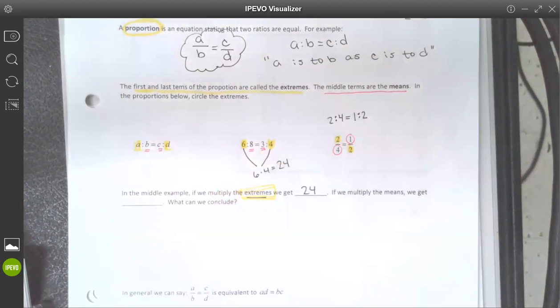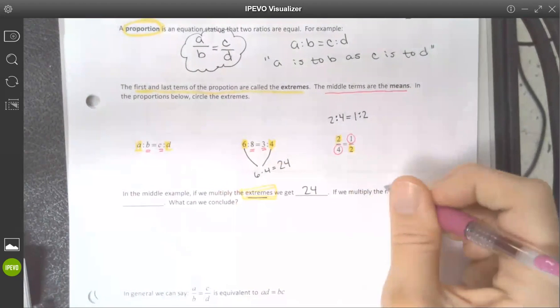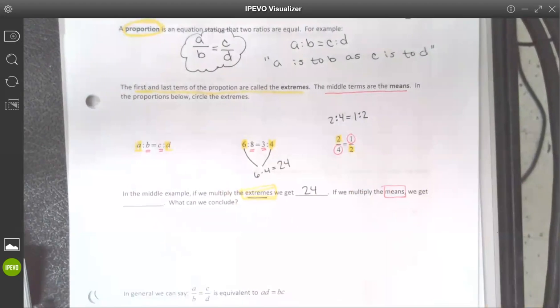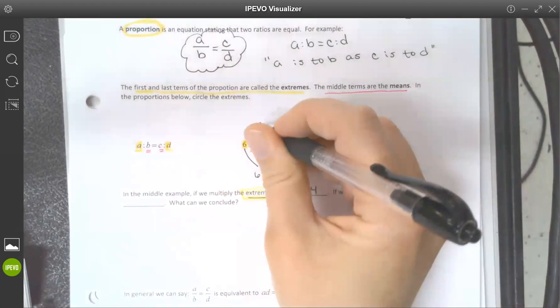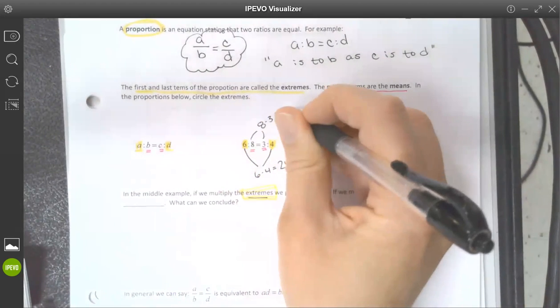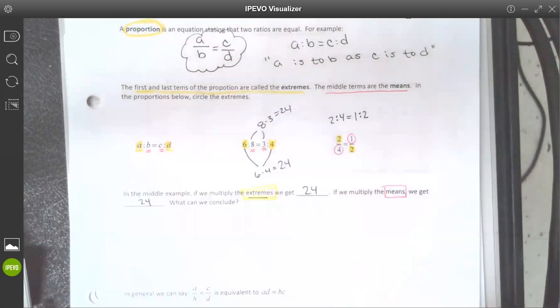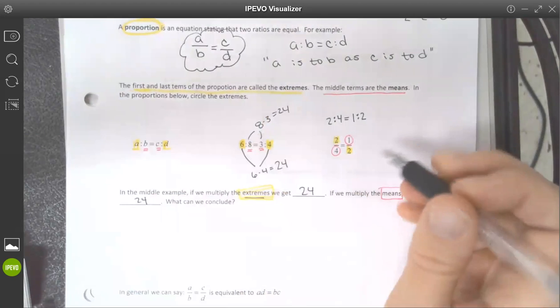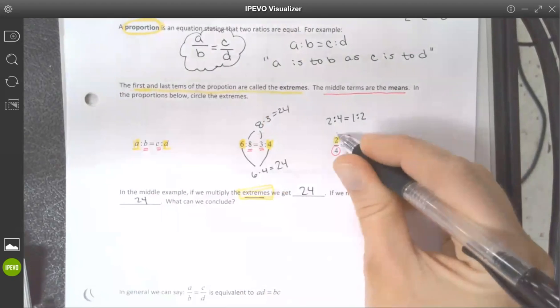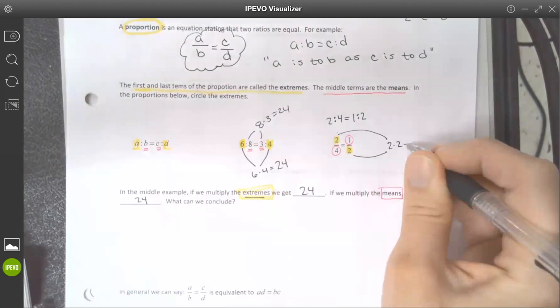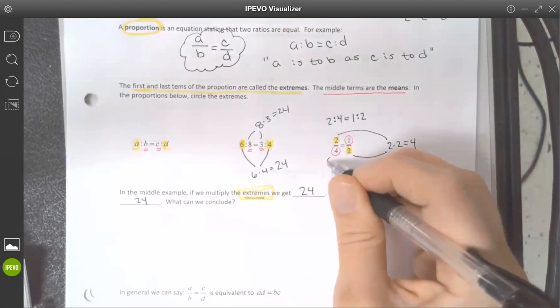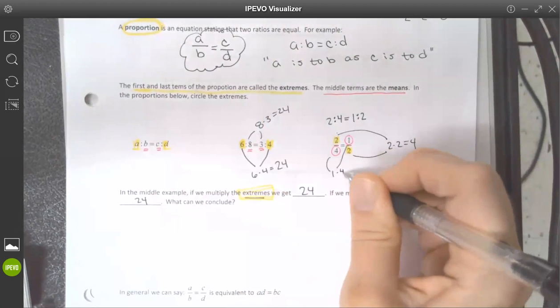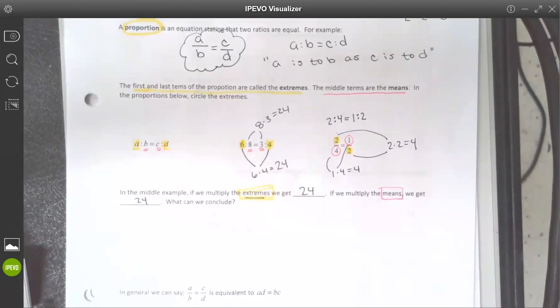What if we multiply our means on that middle example? We also get 24. Means, 8 times 3 equals 24. Is that also true on this example? If we multiply our extremes, which would be 2 and 2, we get 4. We multiply our means, which are 1 and 4, we get 4.